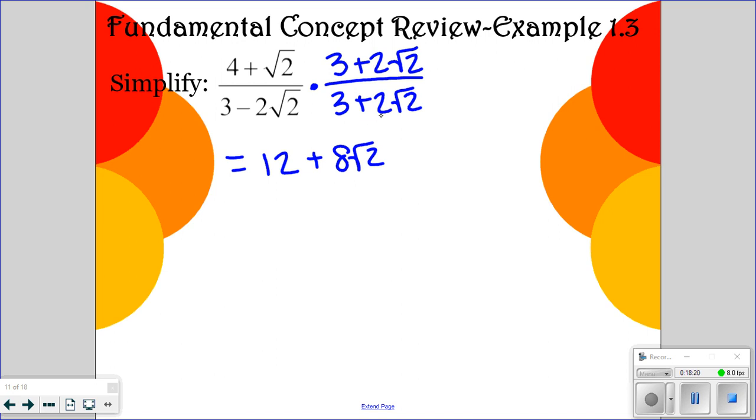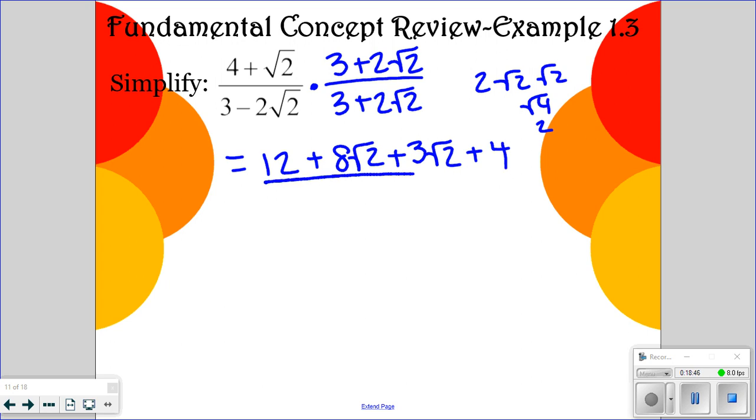On this one, it's going to be 3 square roots of 2. And then on this next one, you have 2 square roots of 2 times square roots of 2. So I'm going to write that out just for clarity. Square root of 2 times square root of 2 would be the square root of 4, which is just 2. So 2 times 2 gives you a 4. So that's what that last term would become.